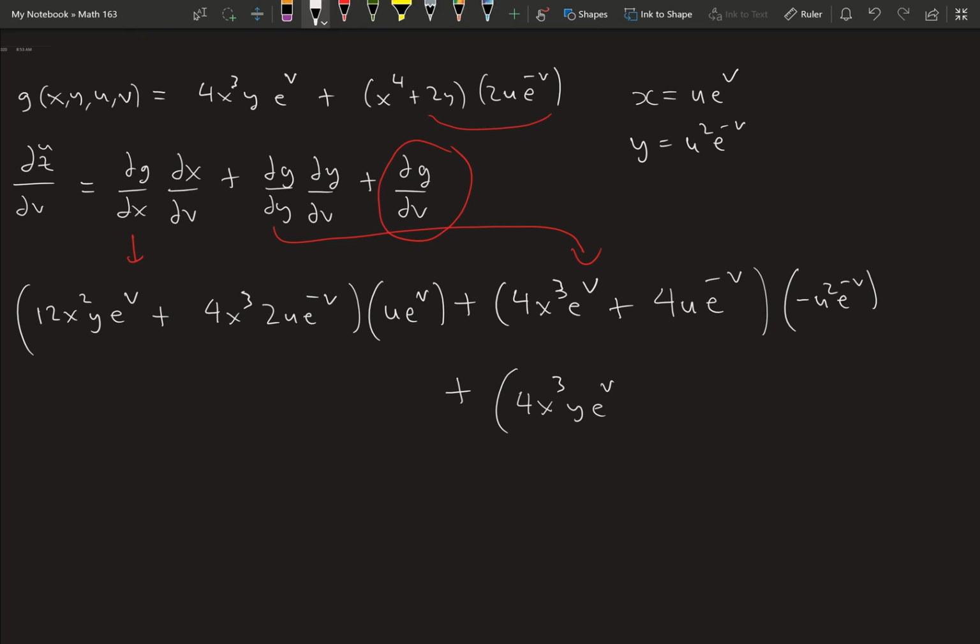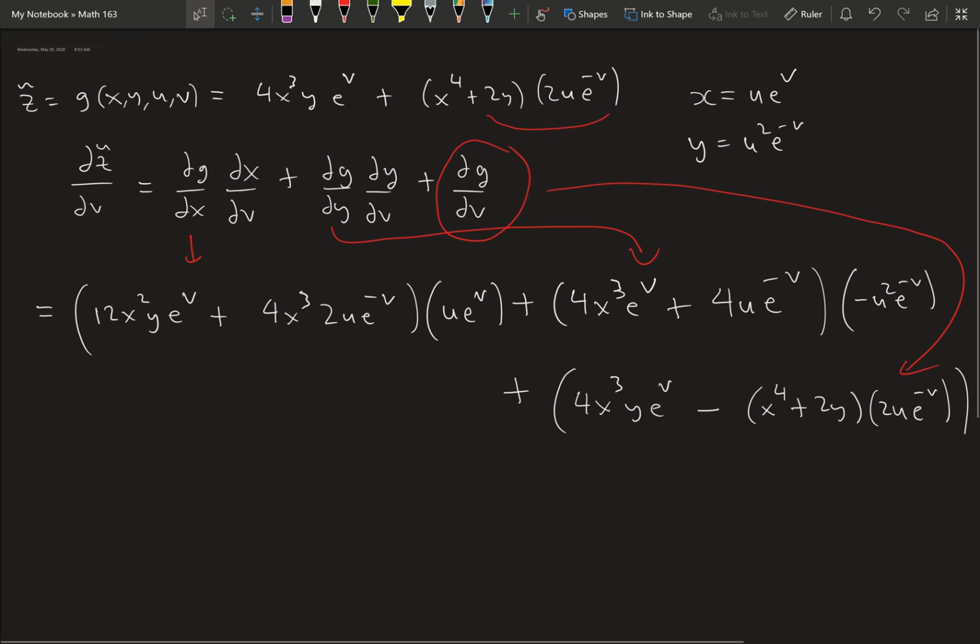The whole term stays, but because there's an e^(-v), we get a minus (x⁴ plus 2y) 2u e^(-v). So this term right here is the ∂g/∂v. And this overall is the partial of z̃ with respect to v.